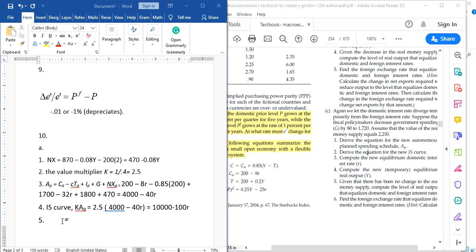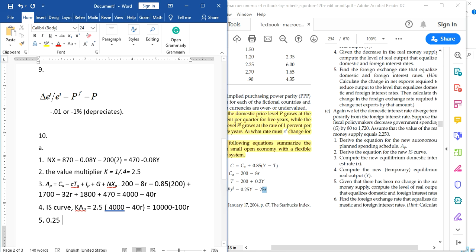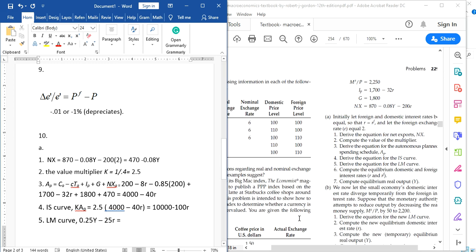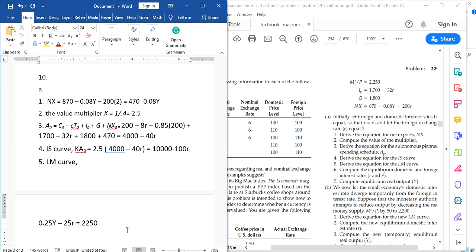So I'm writing it here: LM curve, real money supply equals real money demand. 0.25Y minus 25R equals, what was the real money supply function? 2,250. We do the rest of the adjustment.